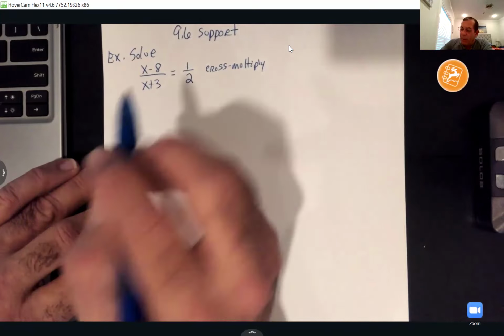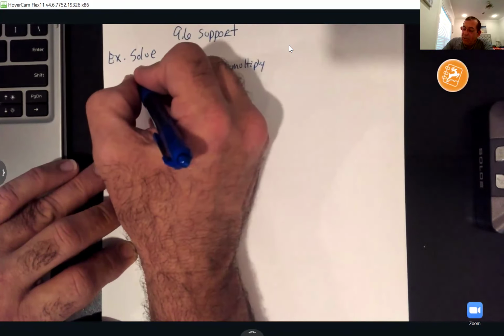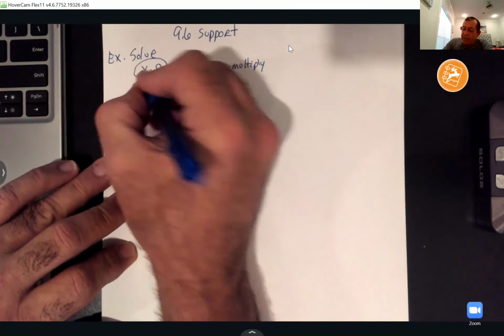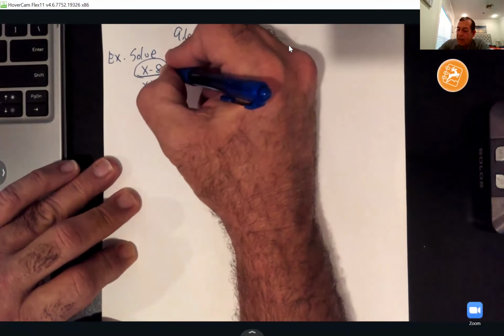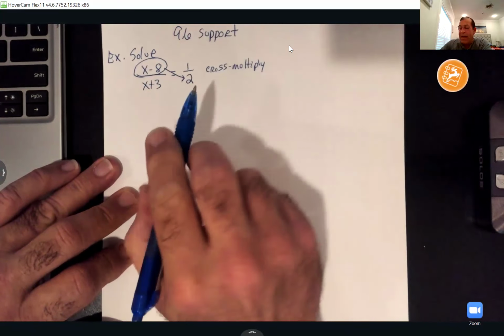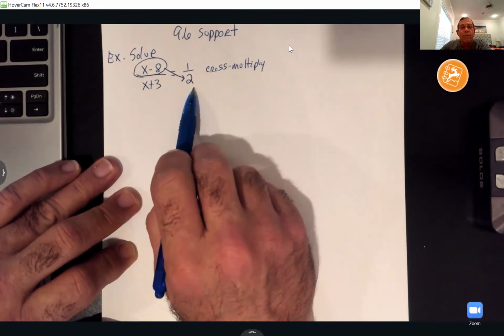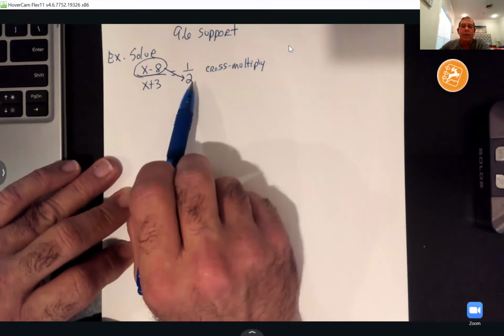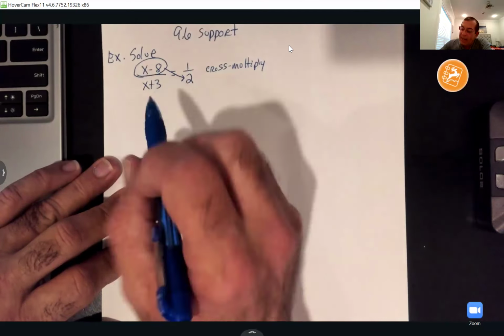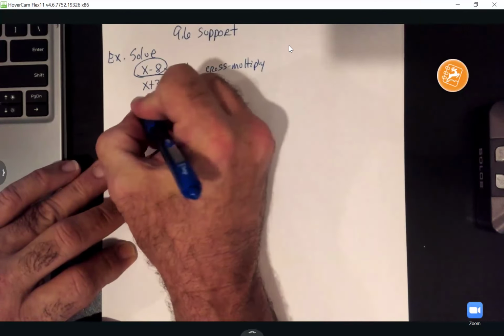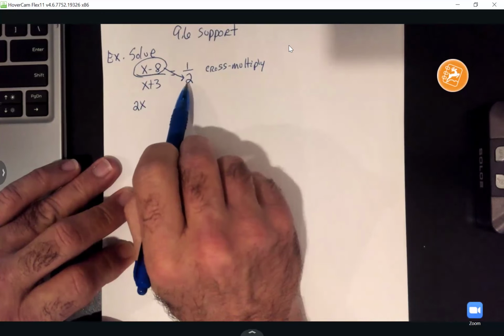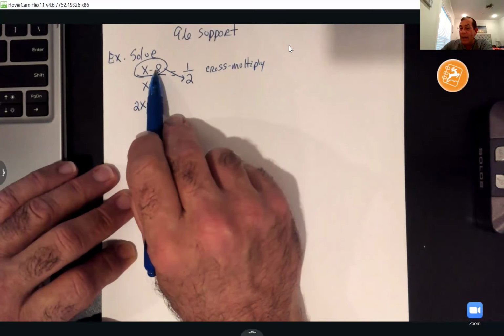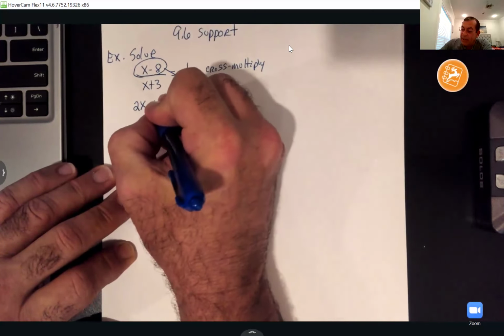But what you got to remember, when I cross multiply, I'm going to take this whole top, this x minus 8, and I'm going to multiply by the 2. So basically, the 2 is going to have to multiply by both of these. So the 2 times the x gives me a 2x. And then that 2 times that negative 8 makes that a negative 16.